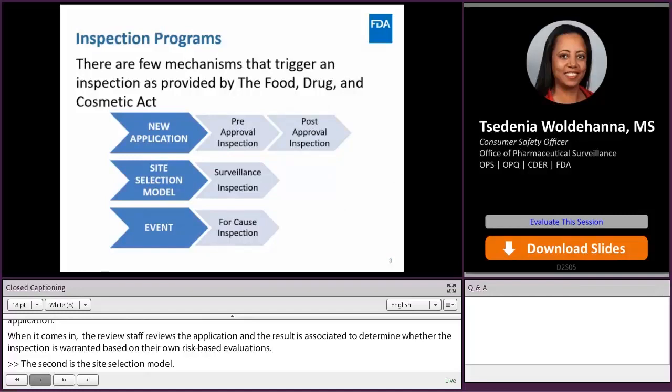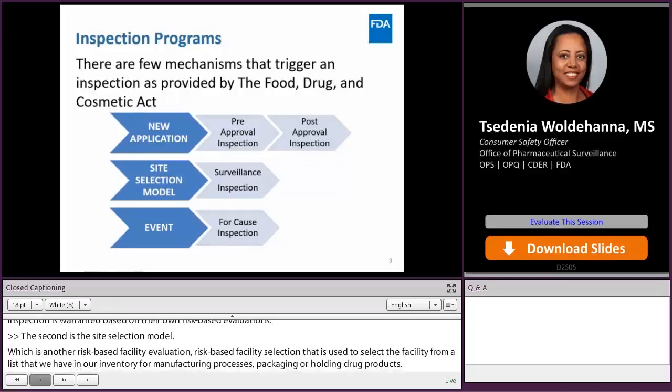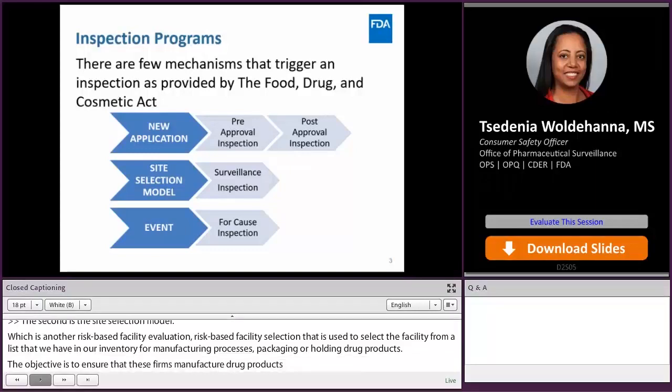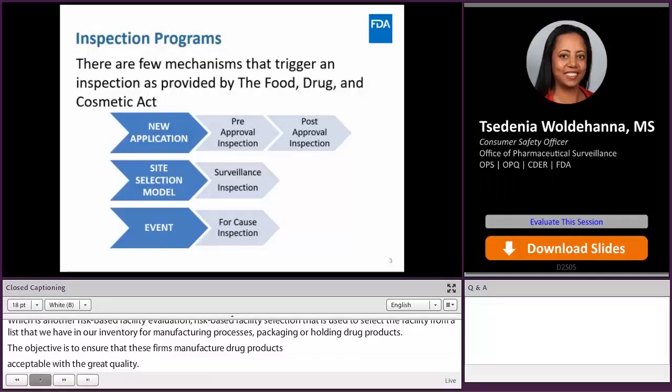The objective is to ensure that these firms consistently manufacture drug products with acceptable quality, and also minimize the exposure of adulterated drug products to the U.S. patient population.